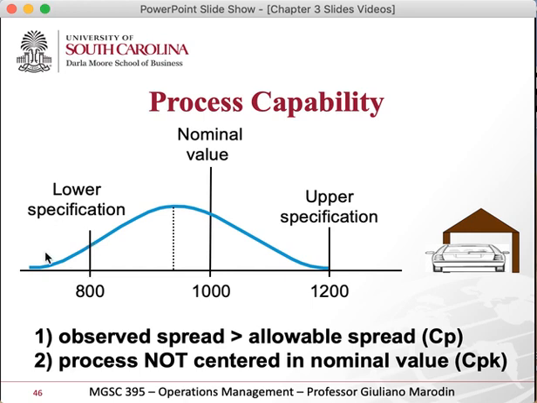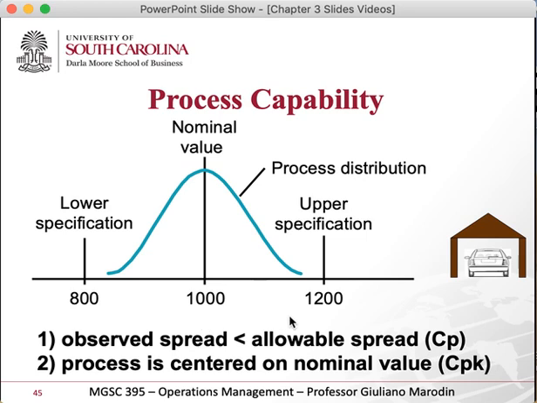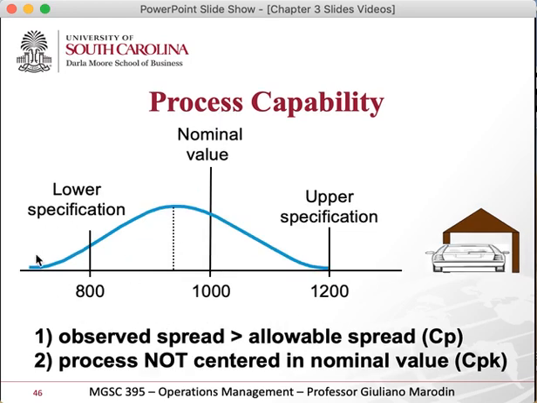And because there are a lot of defective products, or because we hit half of the wall and maybe tear down the whole garage, the process is not capable. This process is capable, because it's producing within the limits. This process is not capable because it's generating a lot of quality problems. It's not mean centered and the variation is too high, so it creates too many problems. The car cannot park.